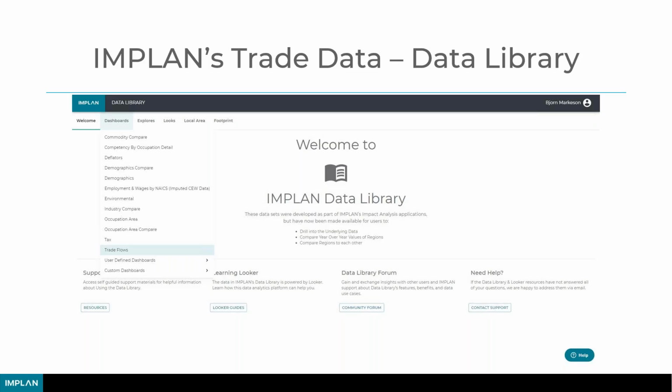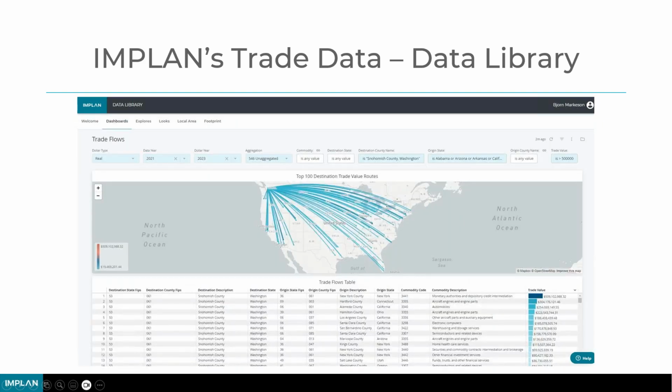So here, in the data library, first we'll look at the dashboard and we see the trade flow dashboard. So we can choose that trade flow dashboard. Here, we're going to look at the types of goods that are shipped to Snohomish County, Washington, which is the site of a large aircraft manufacturing facility.